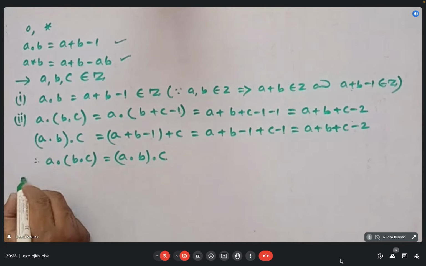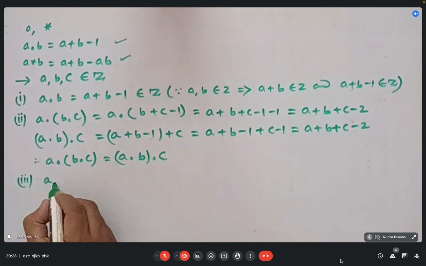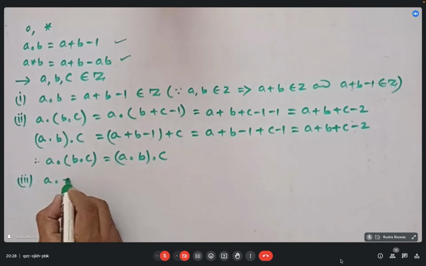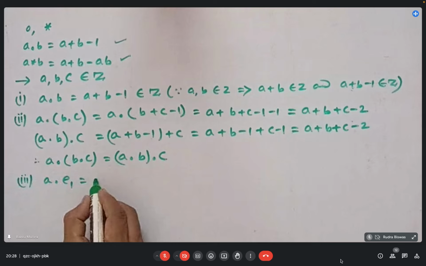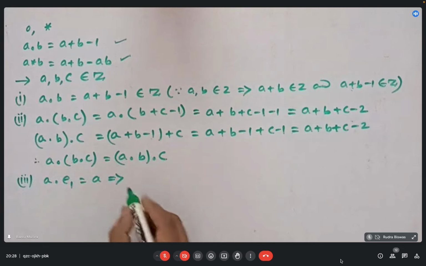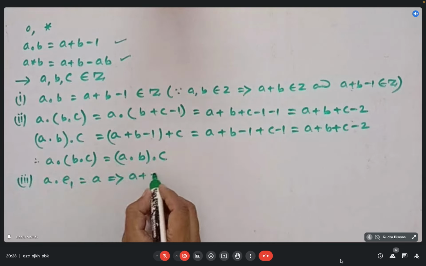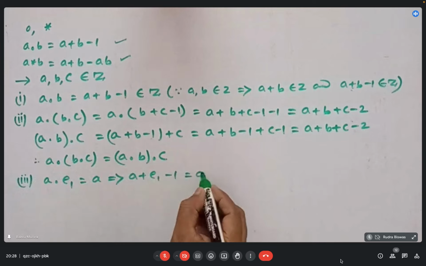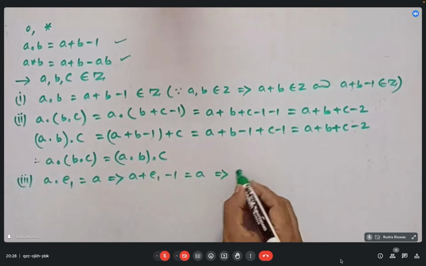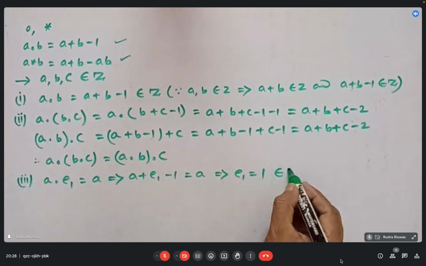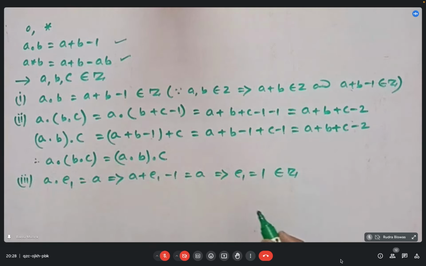Number 3, identity element check. A O E1 is equal to A. This implies A plus E1 minus 1 is equal to A, so E1 is equal to 1.